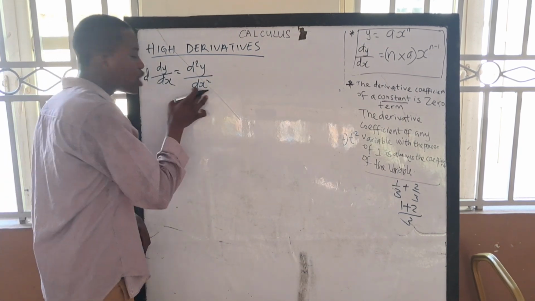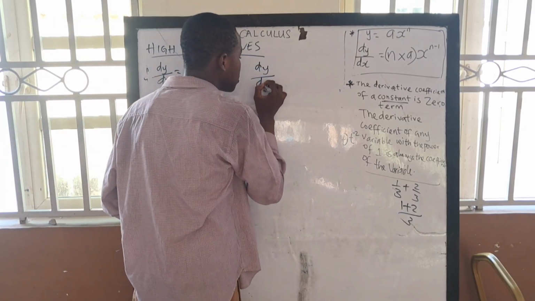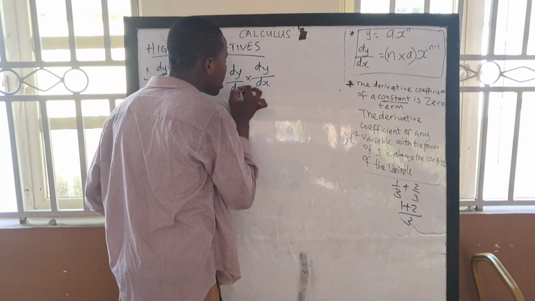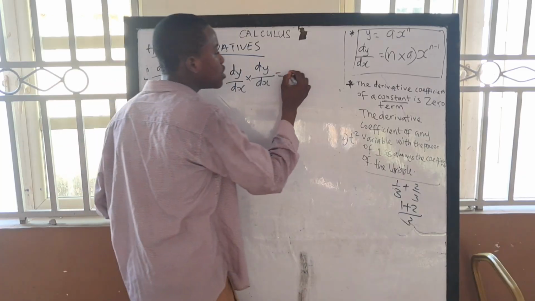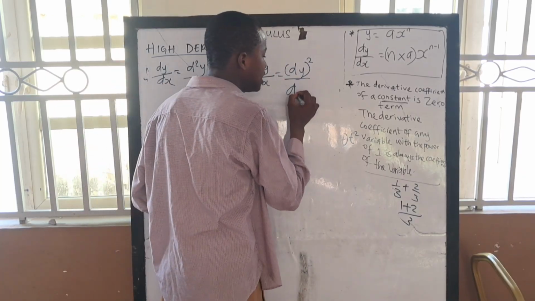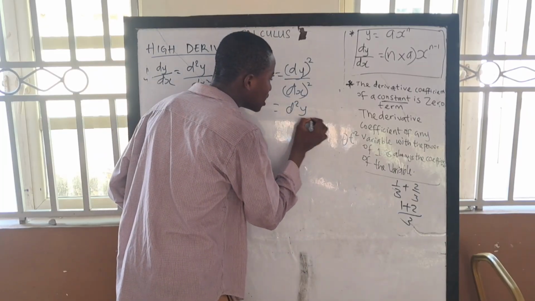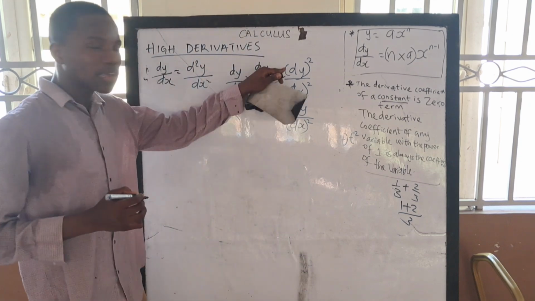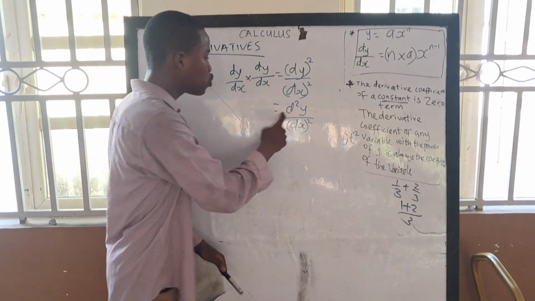We have dy dx. You are now asked to differentiate it again. That is, you are differentiating dy dx twice. This can be written as dy times dy is what? dy all squared, right? dx times dx is what? dx all squared. So we write it as d squared y over dx squared.